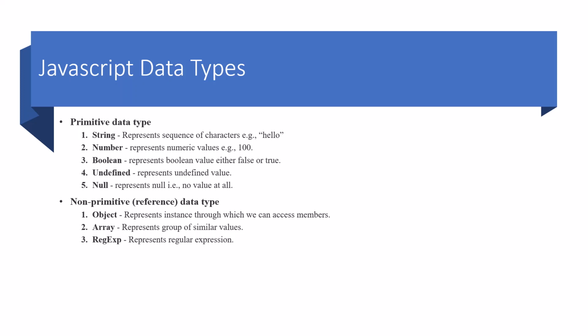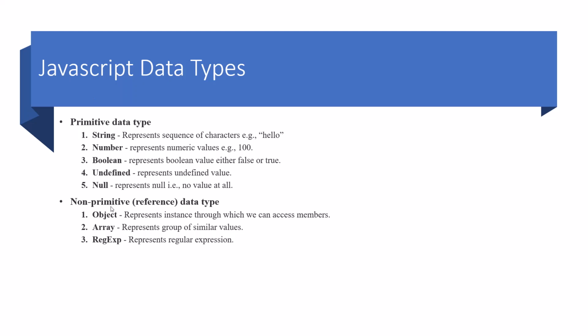In primitive data types, we have string, number, boolean, undefined, and null. String is represented as a sequence of characters, and number is represented as values. Boolean means in terms of true and false. Undefined means without representing any value. And null means representing a null value, so no value at all.